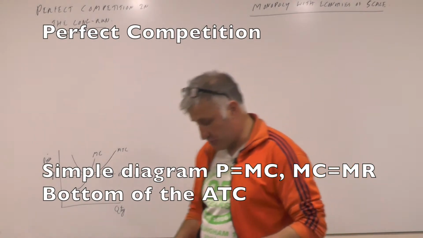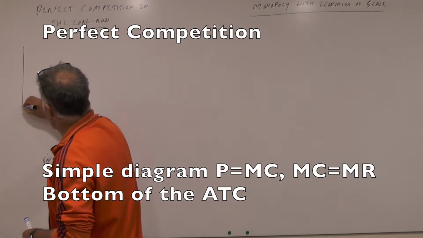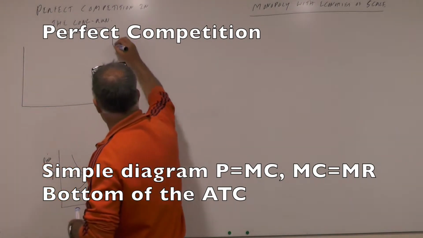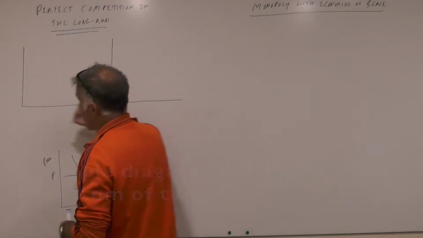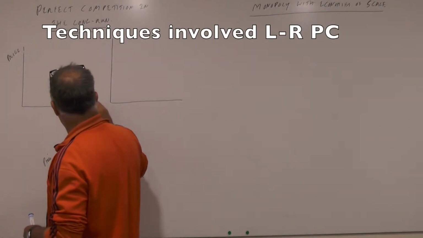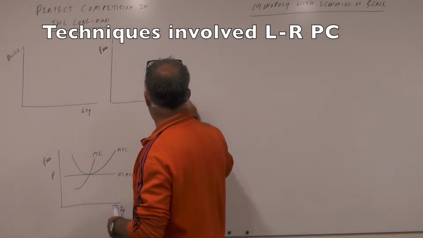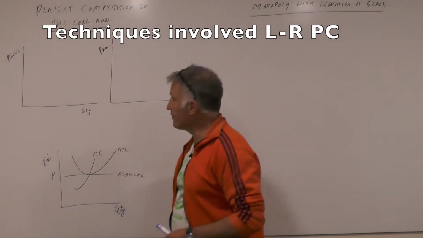Now there are two parts to this diagram, which you saw in the previous session. So we start here. So the first thing you want to draw is two separate diagrams, and you want to put price here, quantity here, price and quantity. Okay.